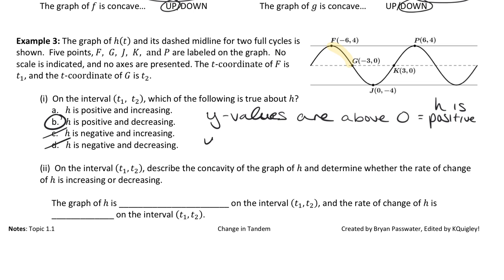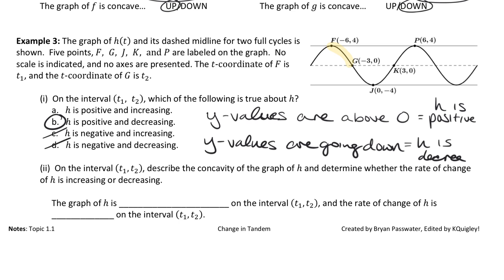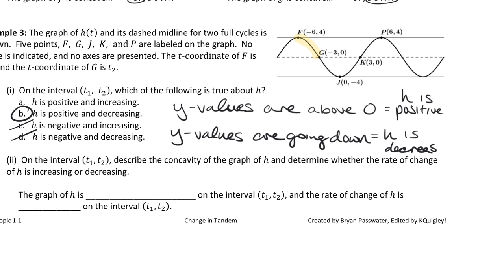We also, using just some casual language, know that the y values are going down, which means that H is decreasing. So you pay attention to the output values, the y values.